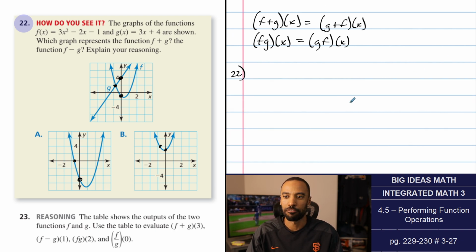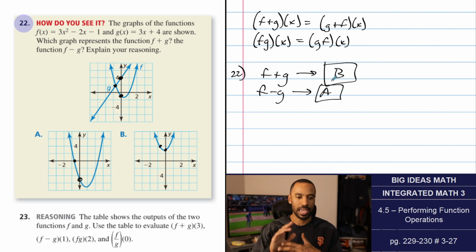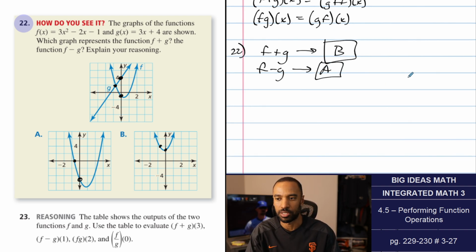So the f plus g is going to be b, and f minus g is going to be a. The idea is take the y values for those x's and add them together or subtract them.